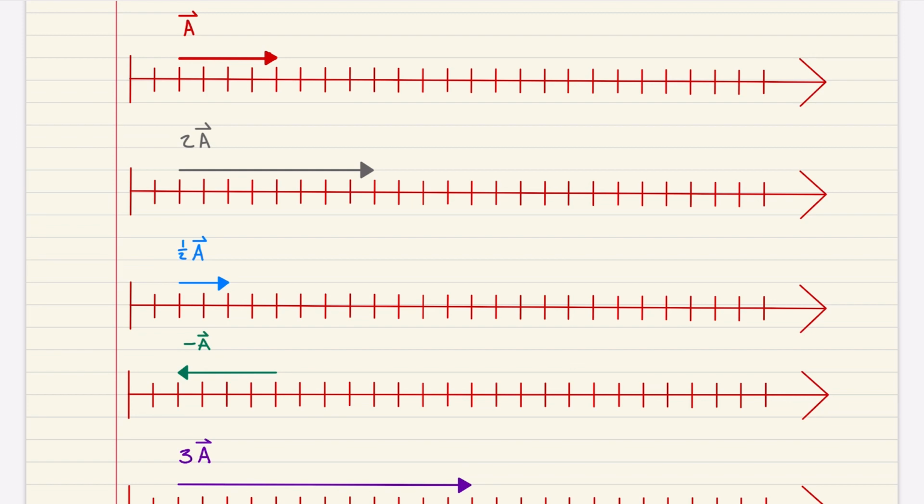And that's very useful for the next topic we're going to cover, which is vector subtraction. But generally in physics, when you're taking scalar multiples, you're taking the measurements of things, and measurements are not usually negative. So that's why we say generally scalar multiple results in a vector of the same direction. But of course, mathematically, you can break that. You can say, well, I want to multiply by a negative scalar, in which case the result will be a vector that's still pointing along the same line, but in the opposite direction.